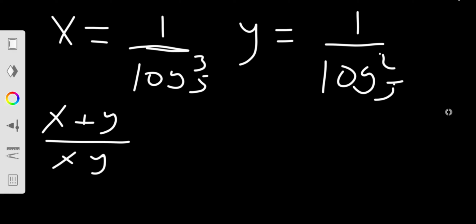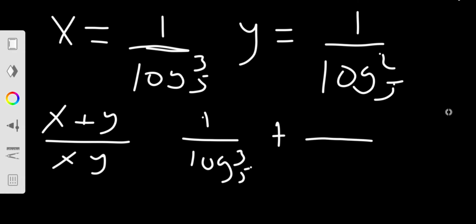So let's sum these and multiply them. Let's see what is going to happen, okay? So by summing them, 1 over log of 3 in the base of 5... I think the rest is just numbers and summing, so you don't need any other properties. I'm just making it prettier now, okay? If you want, just pause the video and finish it by yourself, okay?